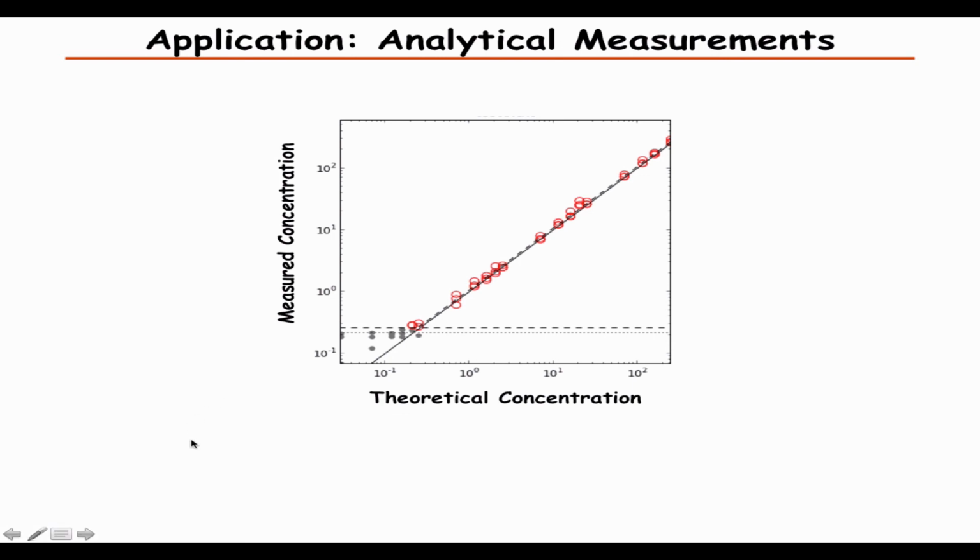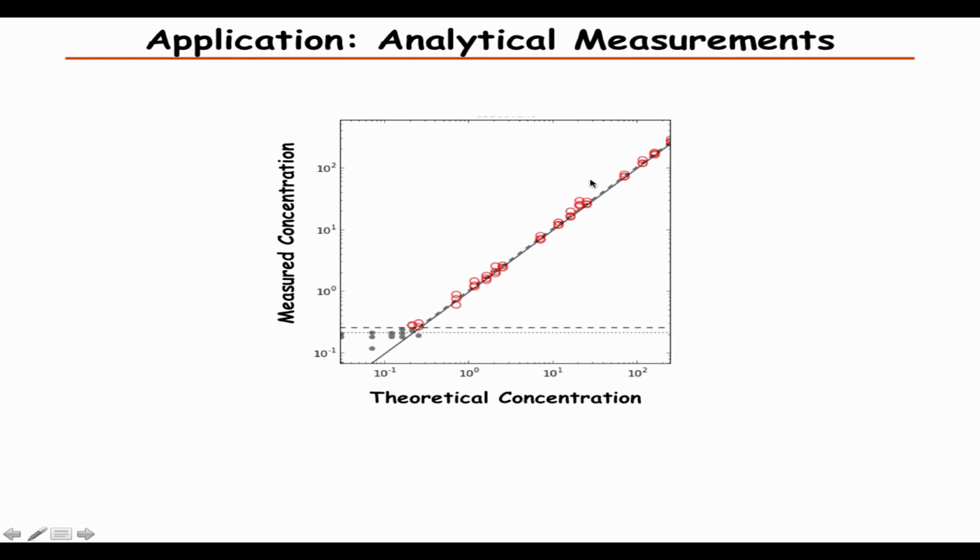So we can add different amounts, and then we want to see that our measurement response is linear. Now observe that these are both log scales, just because we want to show that we can do a linear measurement over a few orders of magnitude.